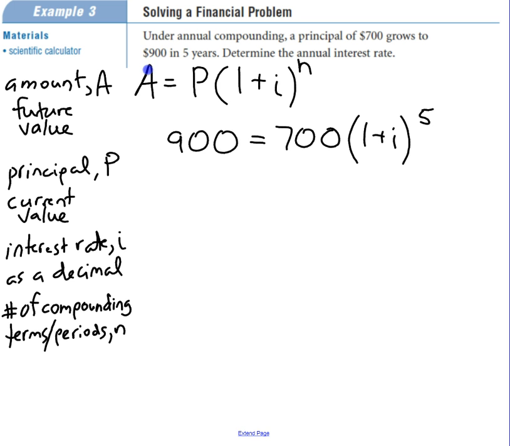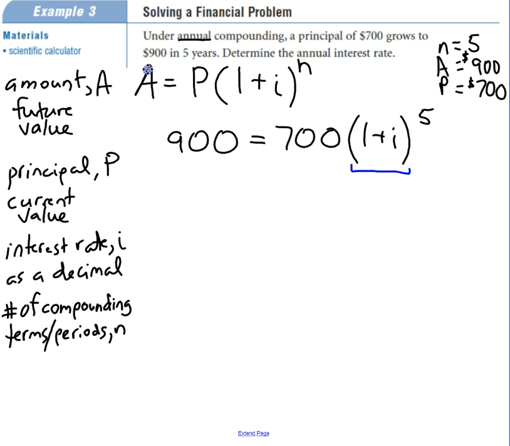So assuming annual compounding, there would be 5 annual periods, so there'd be values of n equals 5, A equals $900, and P equals 700. So that's how I'd start my problem, is just to list what I know. In this case, the unknown is the base.